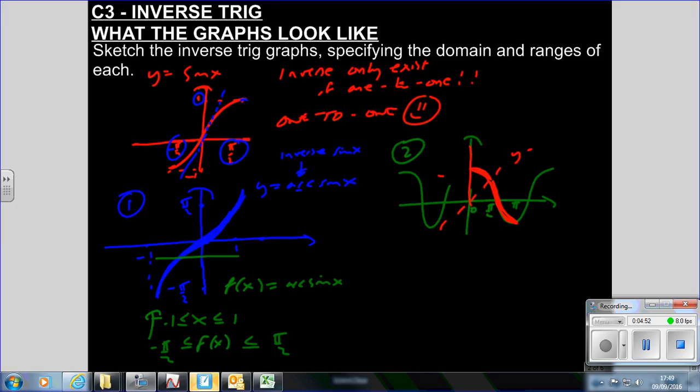Reflection in the y equals x line will then produce, and then here we go. So this was 1 and 0. So we swap them over, so now our x value is 1. Here a y of 0 gave us pi by 2, so we have to swap that round.